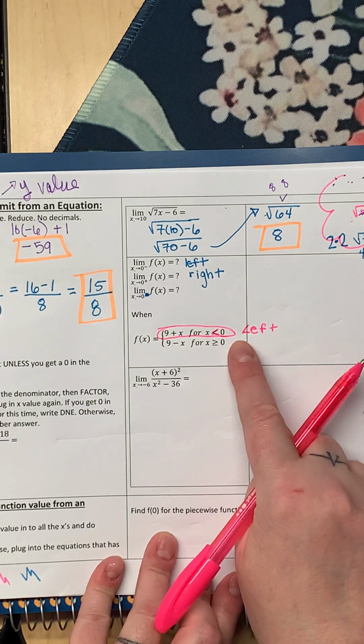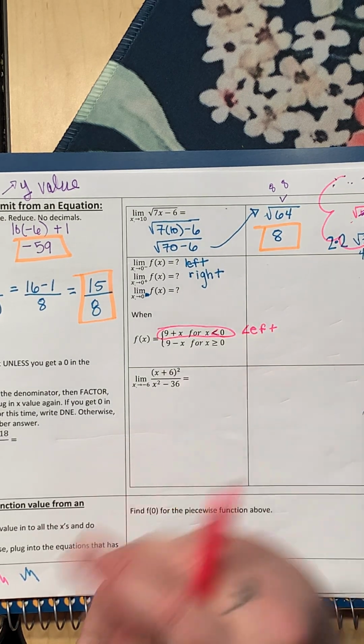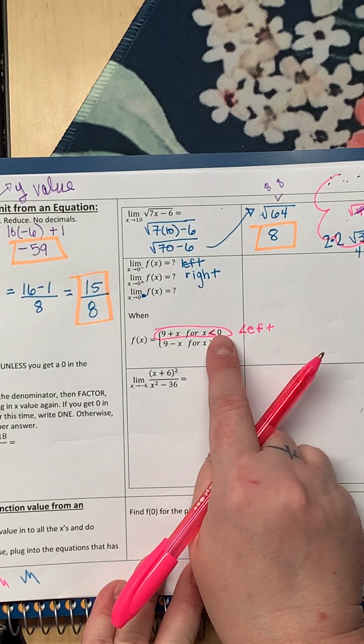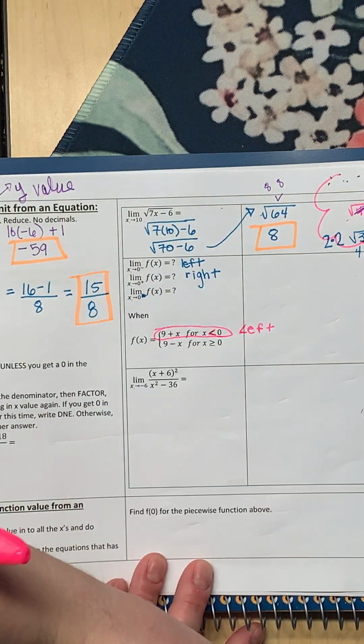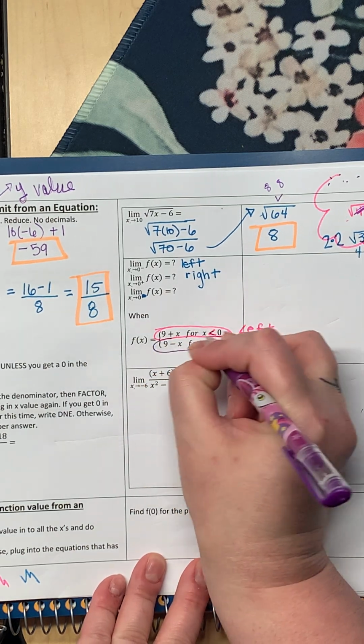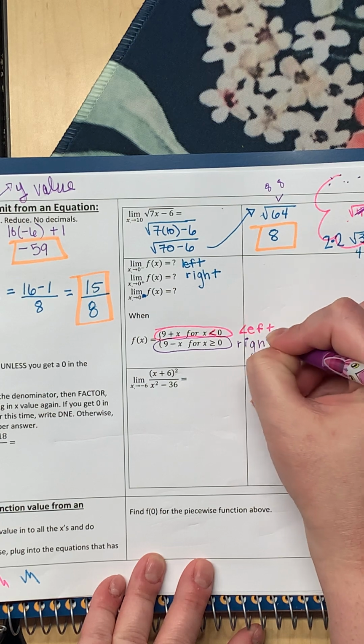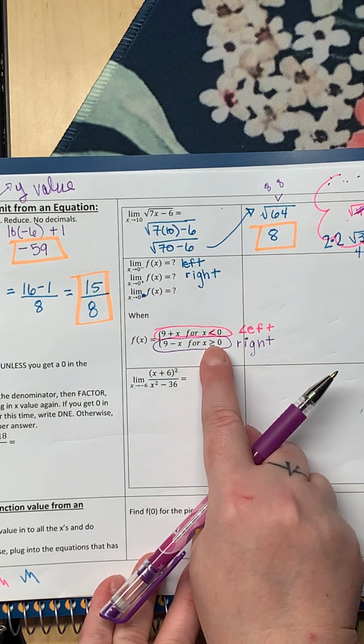I wrote the L kind of janky because it looks like a less than. Okay, so things that are less than 0 are to the left. Whereas on the other hand, things to the right of 0 are greater than.